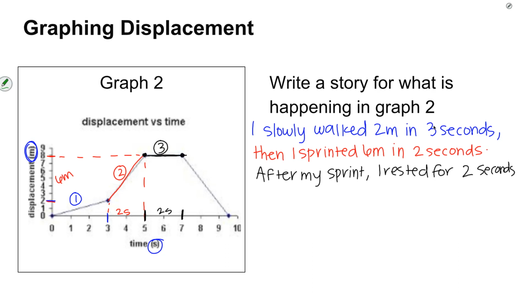Then my last segment, I'm going back because I know I have a negative slope. So I'm moving and I'm moving back towards my home. And I'm going from 7 seconds to about 9.5 seconds. So that's 2.5. And I started up here at 8 meters and I'm going back home.